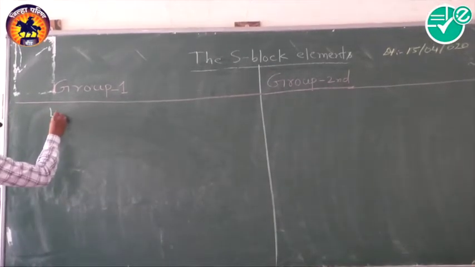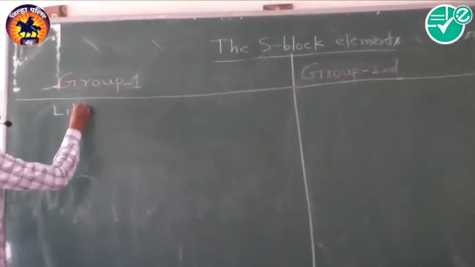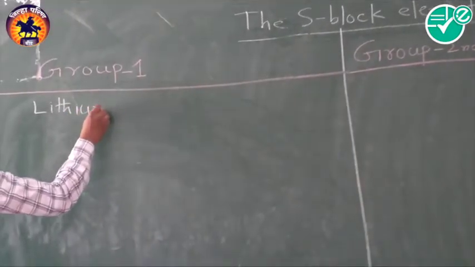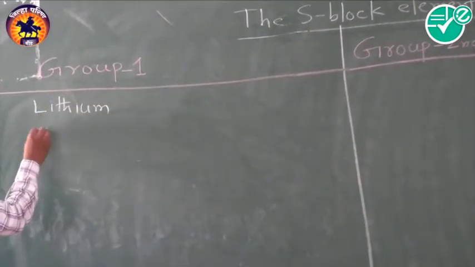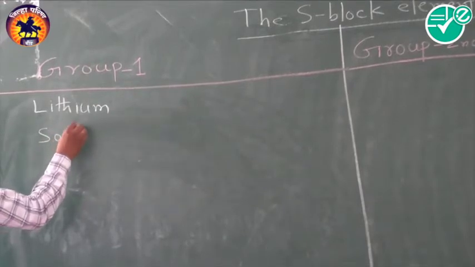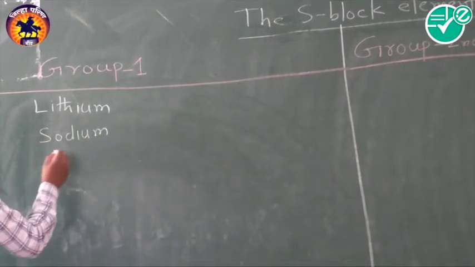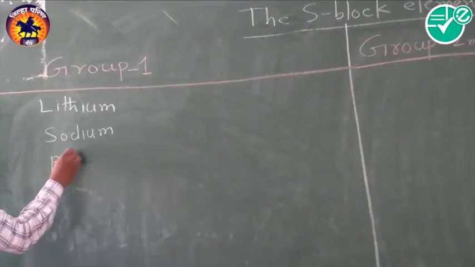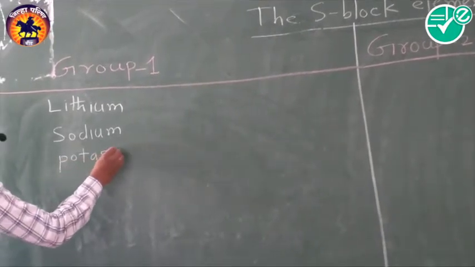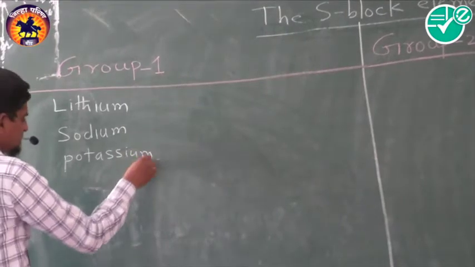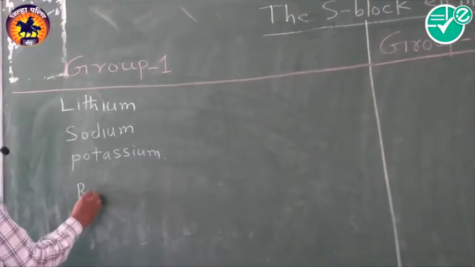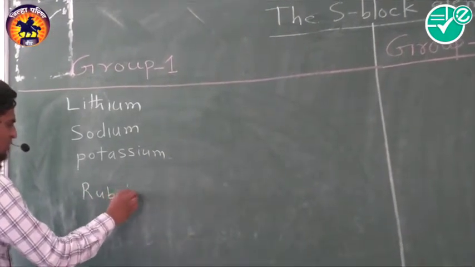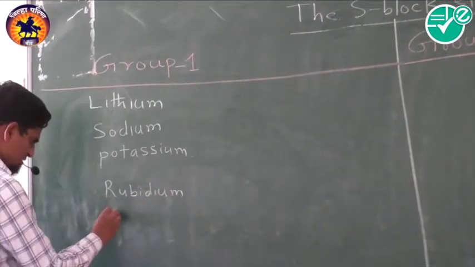The first one is lithium. Second one is sodium. Third one is potassium. Then rubidium. Then what is next, sir?